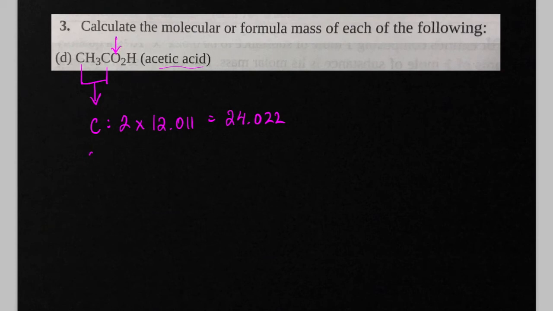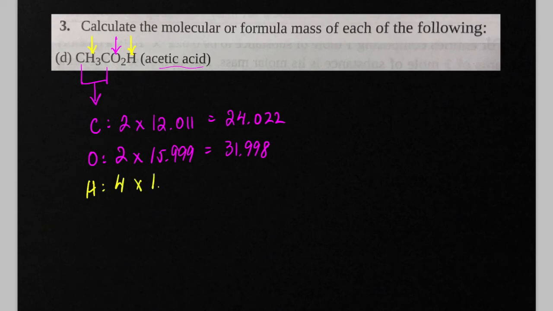And there are 2 oxygens. And let's switch maybe to yellow here. There's 3 hydrogens here and 1 hydrogen here. So a total of 4 hydrogens.